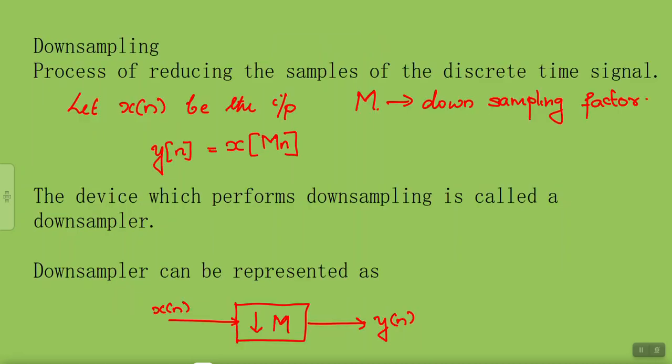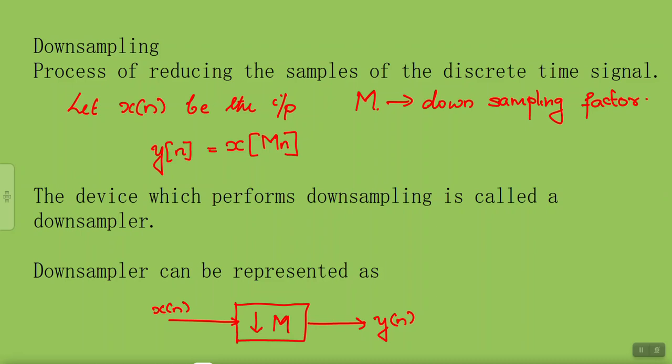Coming to the detail of downsampling, as I said earlier, downsampling is the process of converting the sampling rate to a decreased size. That means the processing of reducing the samples of a discrete time signal is termed as downsampling.